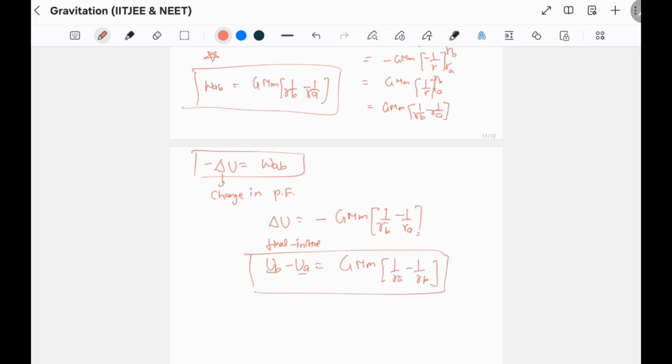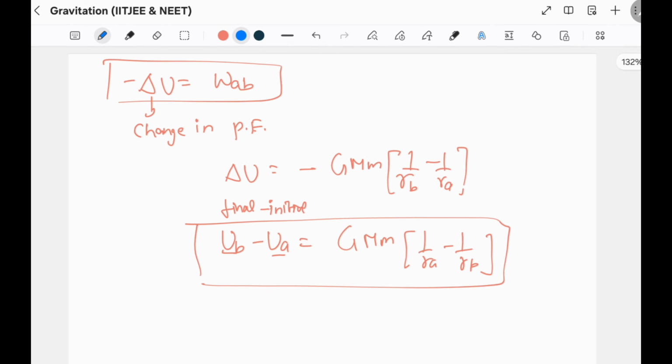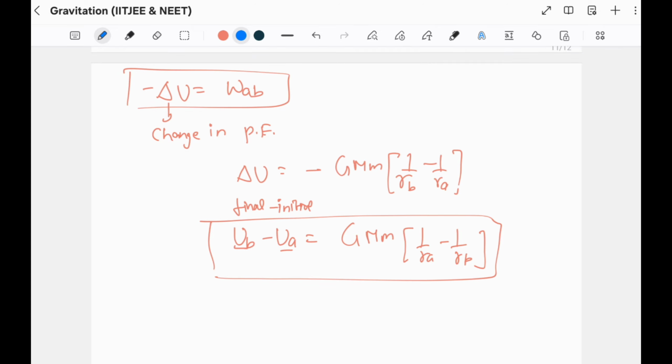Now one thing we all must remember: every time we talk about change in potential energy, we don't talk about fixed potential energy, because for potential energy we can only find the change.